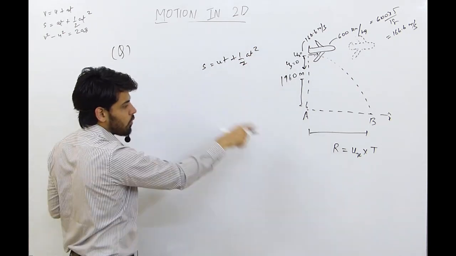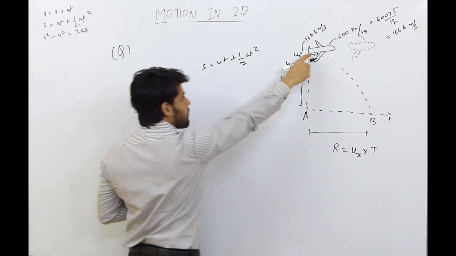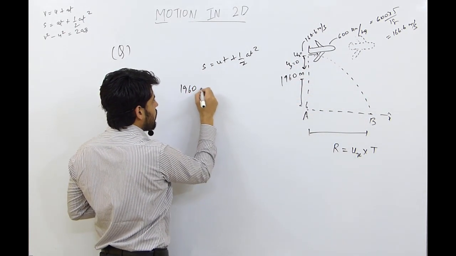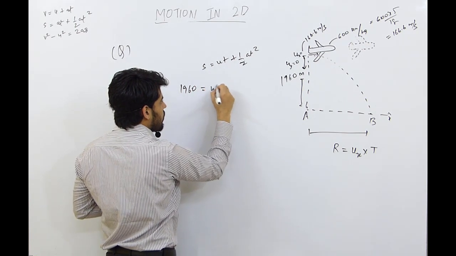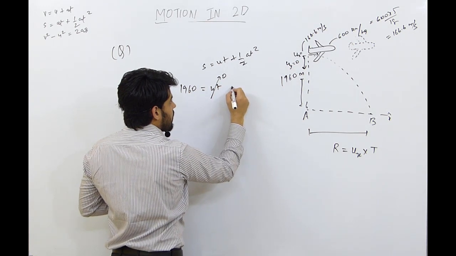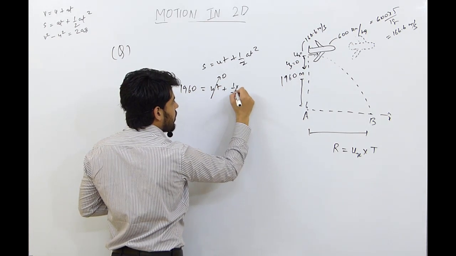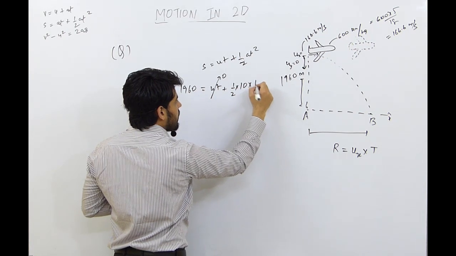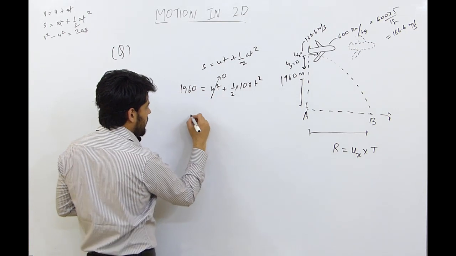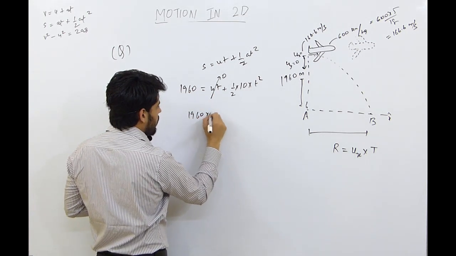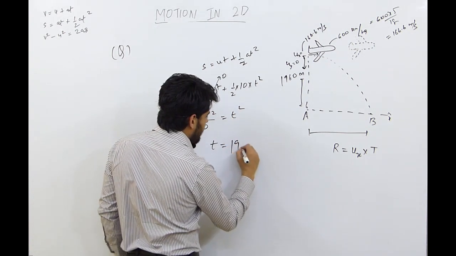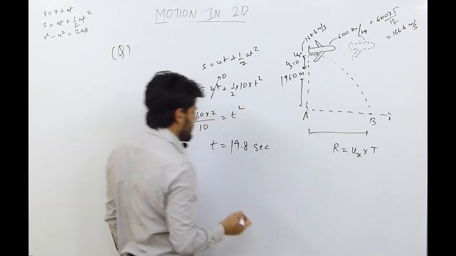From this formula we will calculate the total time taken by the bomb from this point to point B. So s is 1960, equal to ut, which is 0 because initially the bomb has been dropped, plus half into g, taken as 10, into t square. So t square is 1960 into 2 divided by 10. T comes out to be 19.8 second.